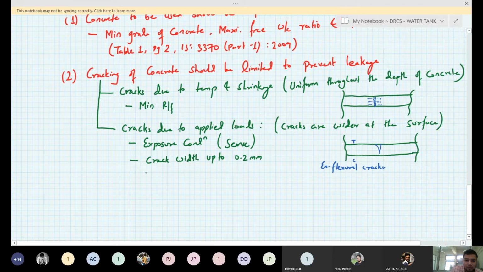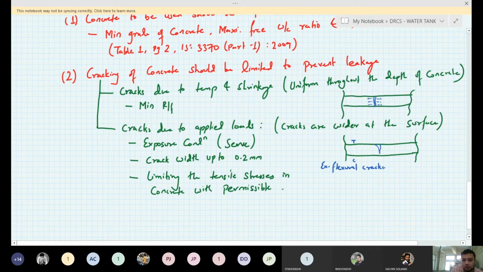And third thing is limiting the tensile stresses in concrete within permissible value. By ensuring these three, you can control the cracks due to applied load.